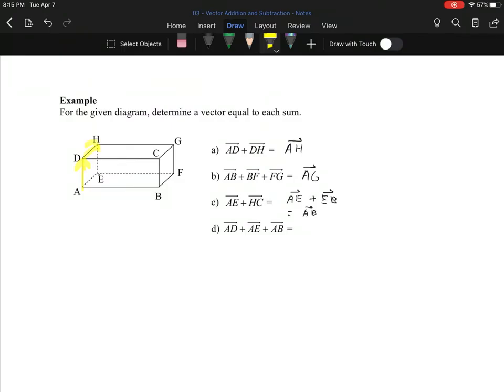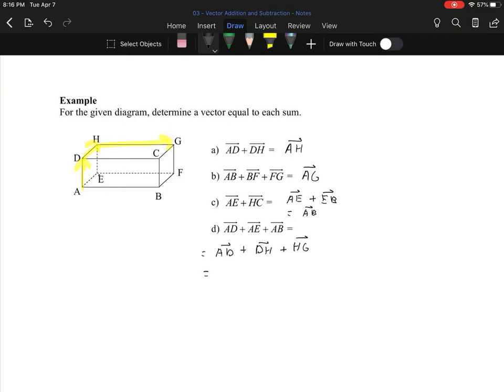And so here, we can't use AE, but there's an equal vector I can use, and that equal vector is DH. Same length, same direction. So I'm going to change this question. I'm going to write it as I go here. AD plus DH, because AE and DH are the same vector. And then they want to add to that AB, and AB goes along the bottom here.